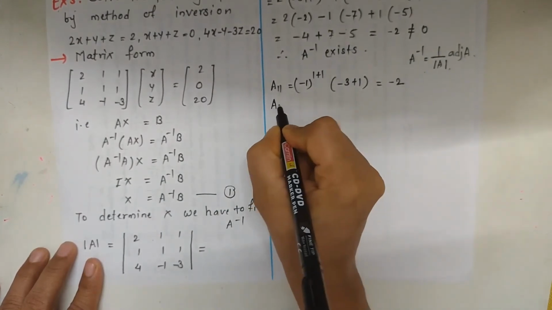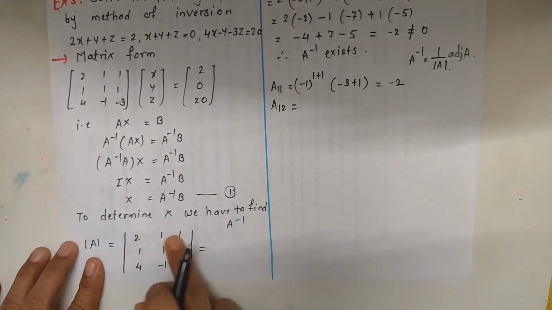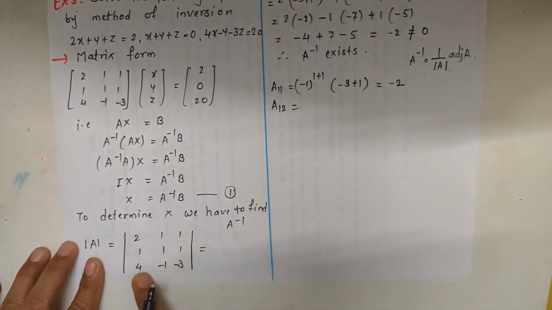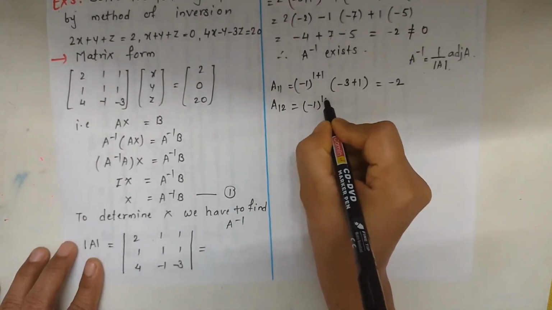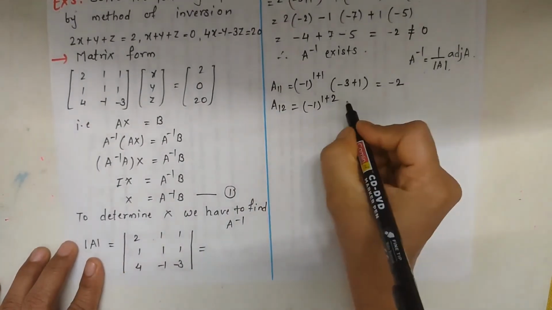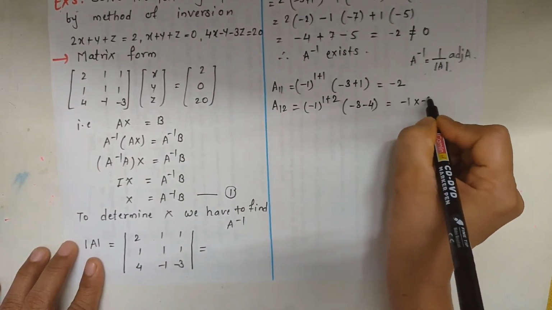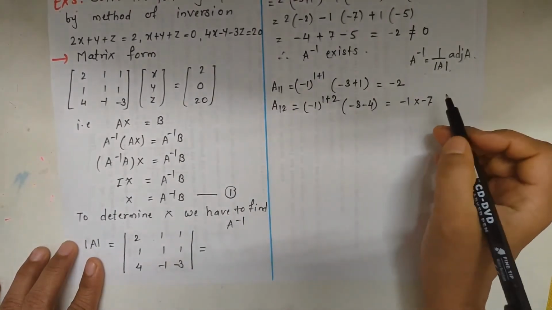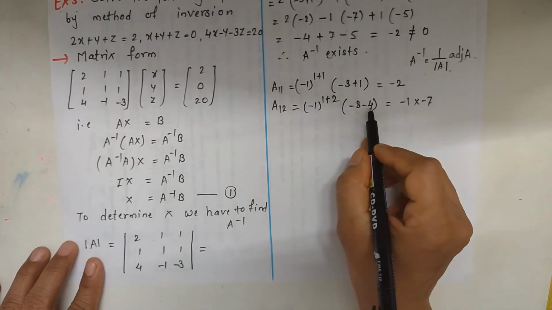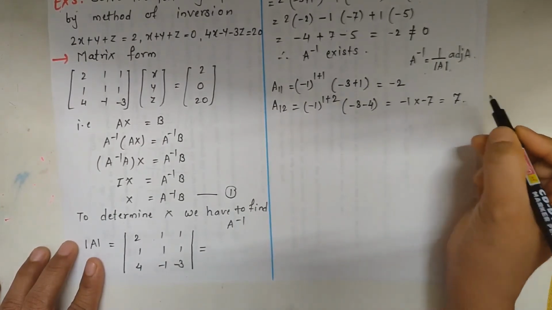Now the second element is A12. By eliminating the first row and second column, the value of the determinant is minus 3 minus 4, which is equal to minus 1 into minus 7, so plus 7.